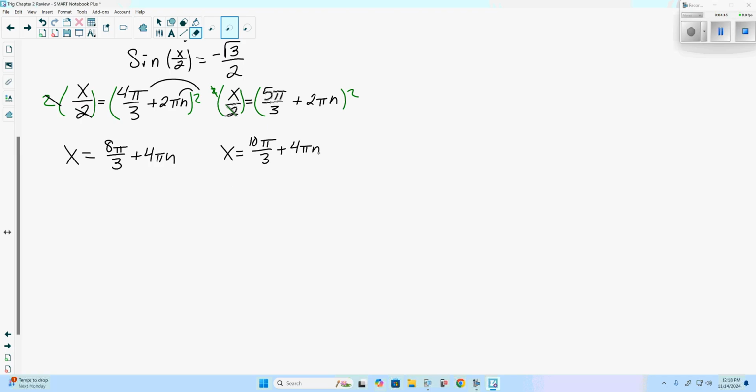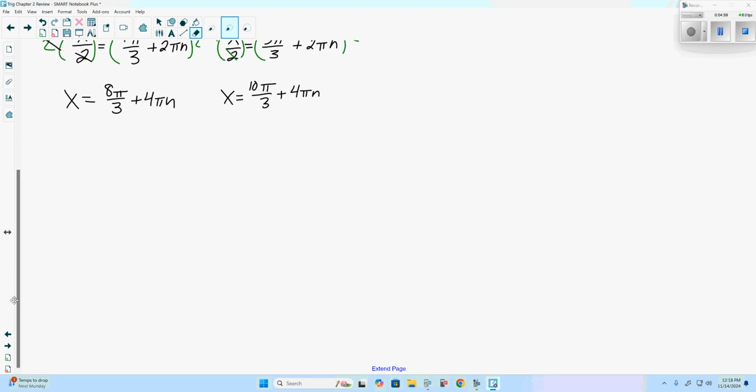Now, n can be any number we want. Normally we do 0, 1, 2, 3, 4, 5, 6, going up. But we can also have it be negatives in that case too.